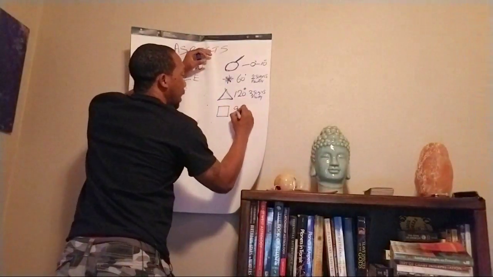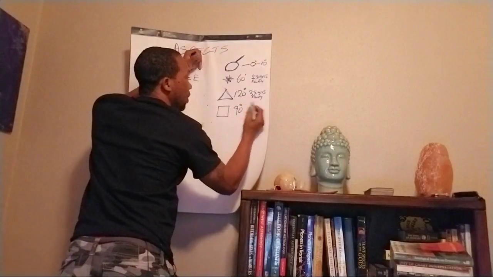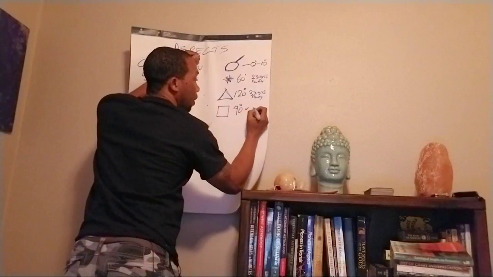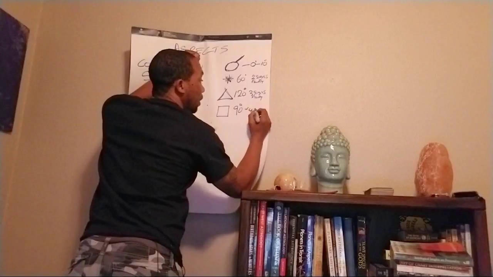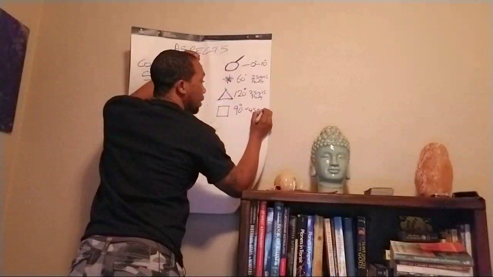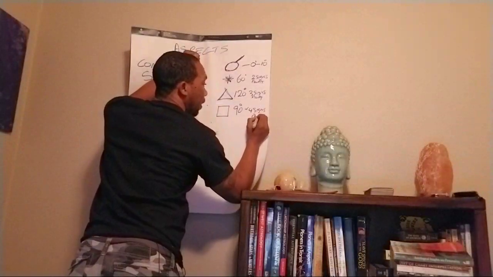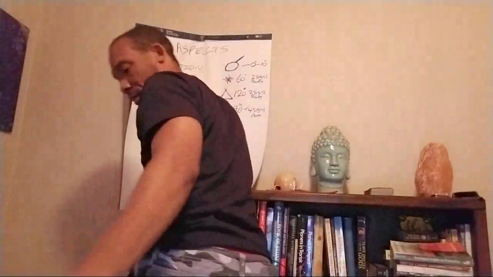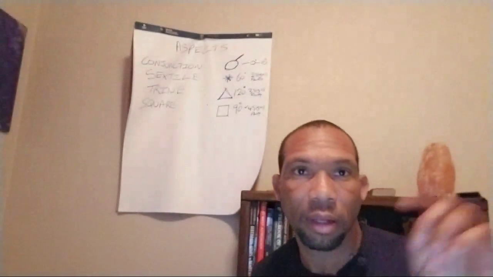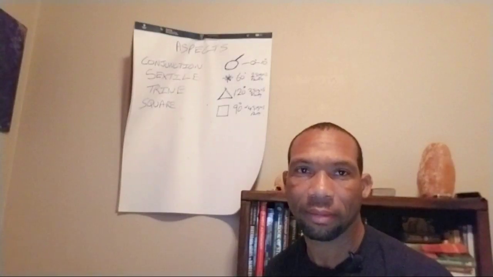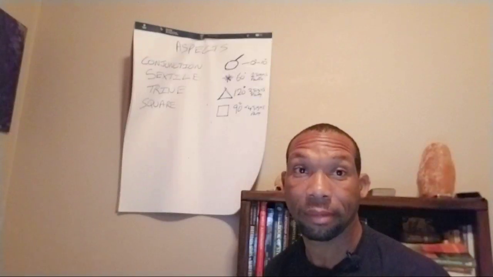The square is 90 degrees within each other, or 4 signs away. It is 90 degrees or 4 signs away. Got it?